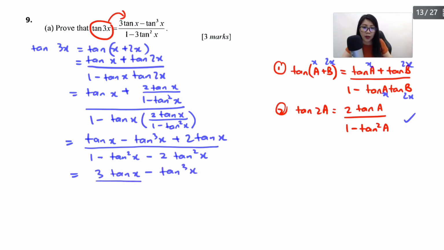For the bottom, 1 minus tangent square x minus 2 tangent square x, we get 1 minus 3 tangent square x. So we have already proven it because it's the same as the question. That is the answer.